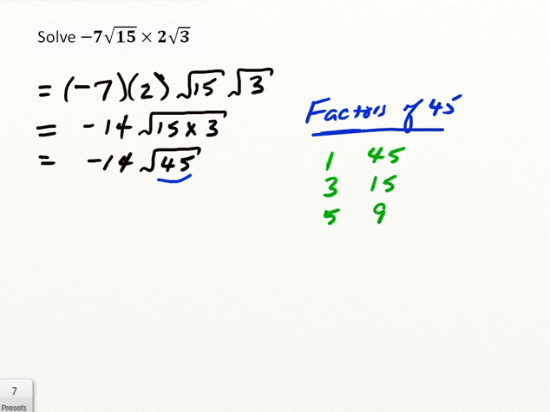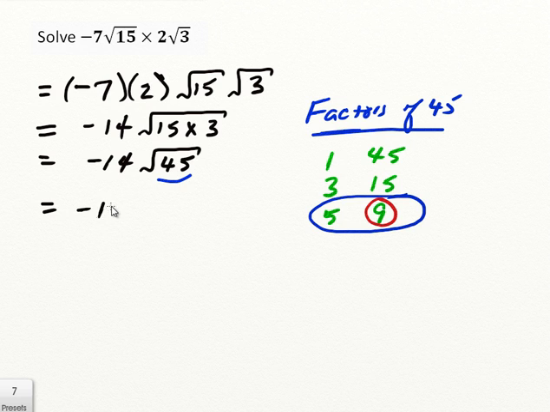So there are all the factors. Quickly scan through looking for perfect squares. Found a perfect square. Once you find a perfect square, that is the pair that we're going to use to replace the 45 with. And we're going to make sure we write the perfect square in front.